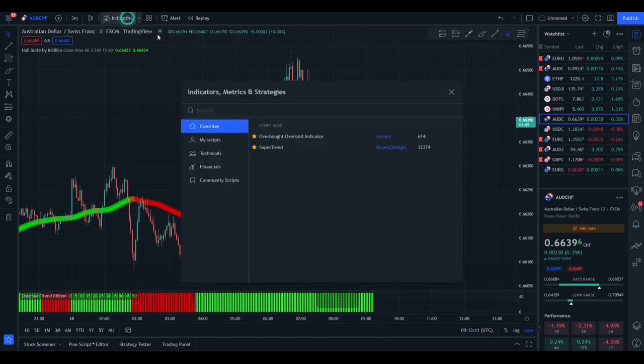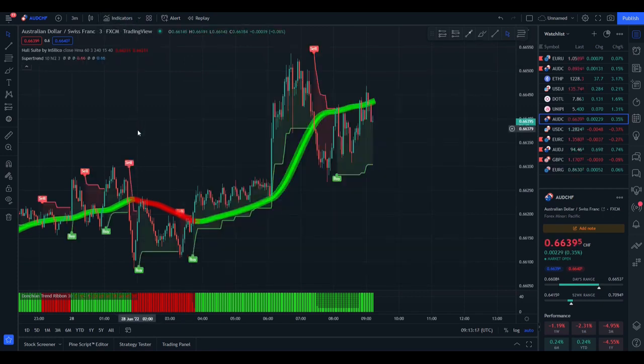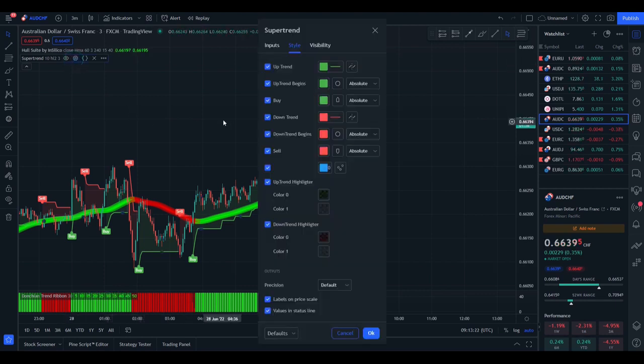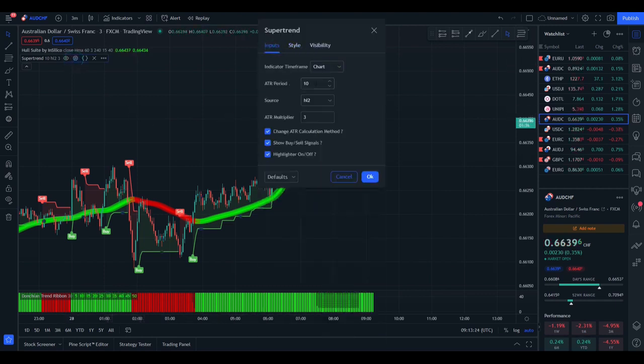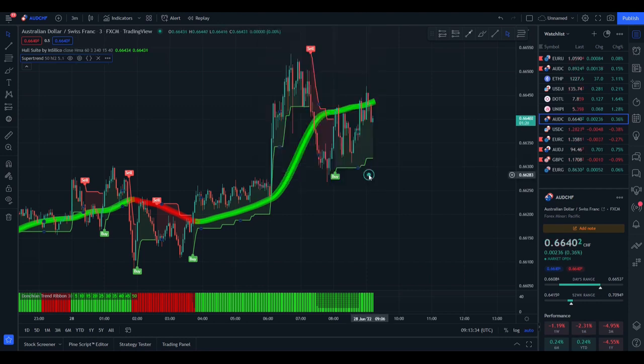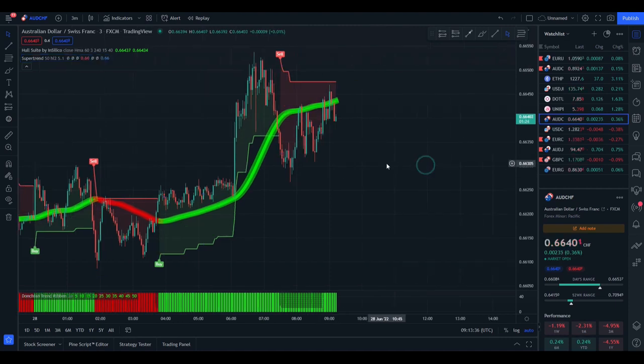And the last indicator, my favorite one that I use on TradingView most of the time, is Super Trend. So edit, and then we're going to make some changes here on Super Trend as well. We go to inputs, we change the ATR period to 50. We're going to change the ATR multiplier to 5.1, and you can actually make the ATR multiplier lower depending on what you like.